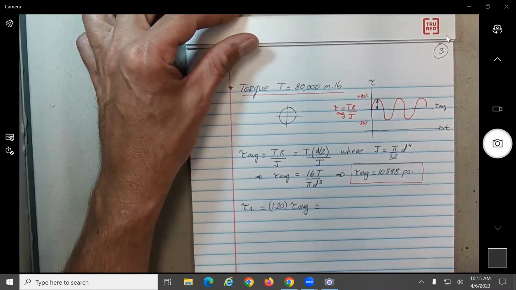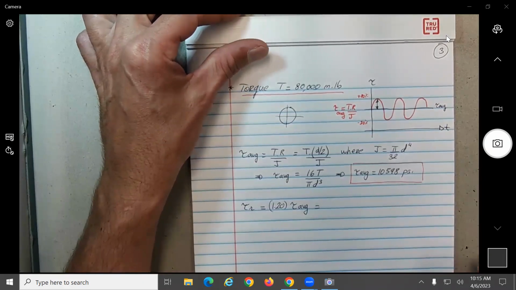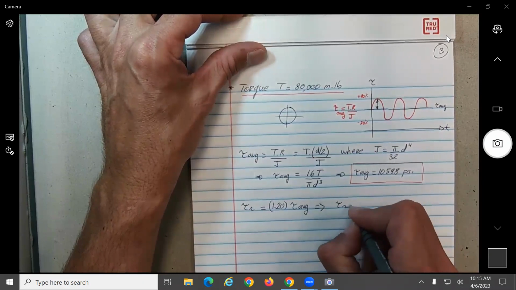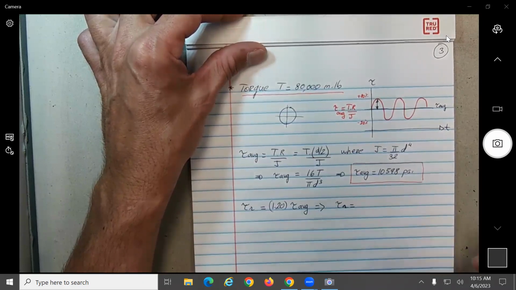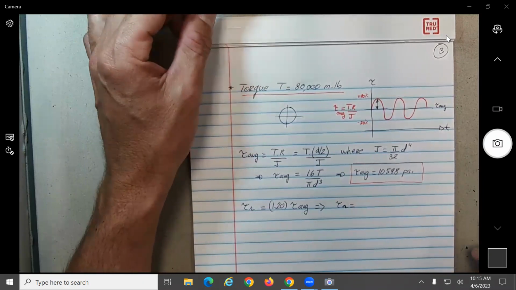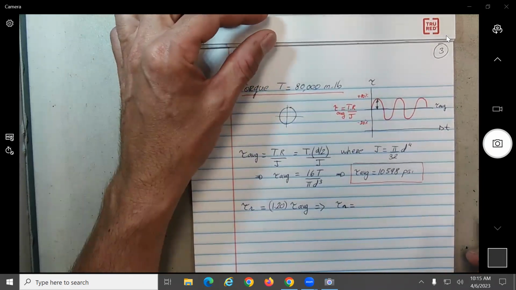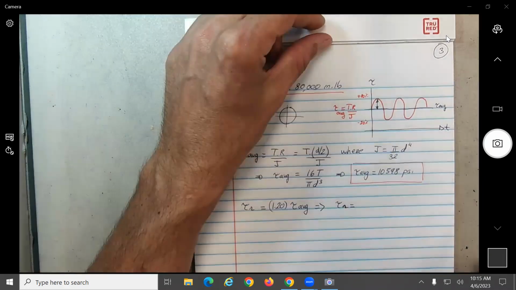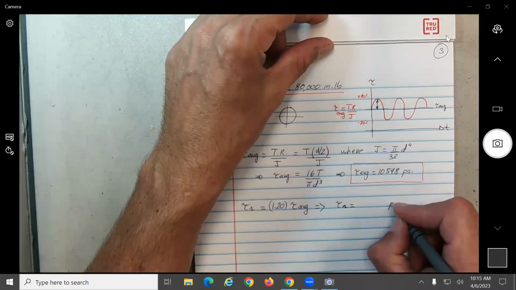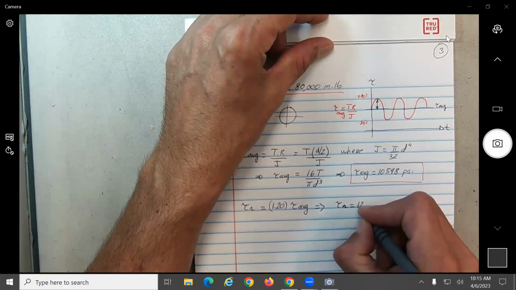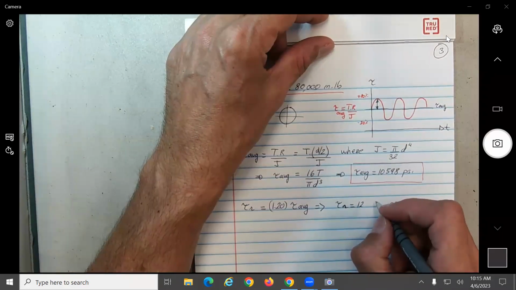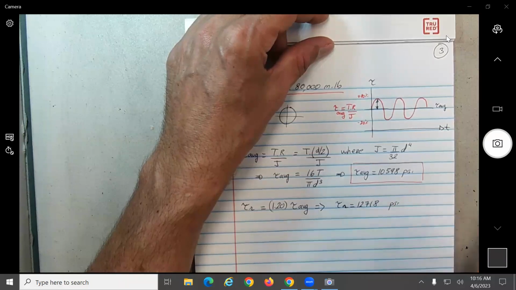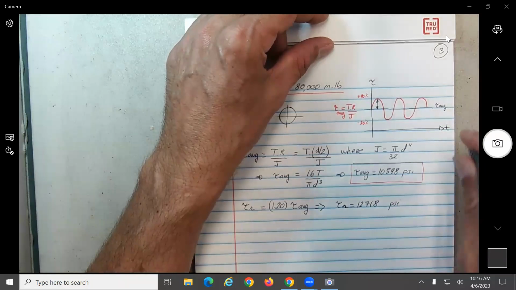We multiply the value by 20%. So what would that give you? The same value as before, plus 20%, will be whatever, almost 13,000, I guess. 12,718. Okay.